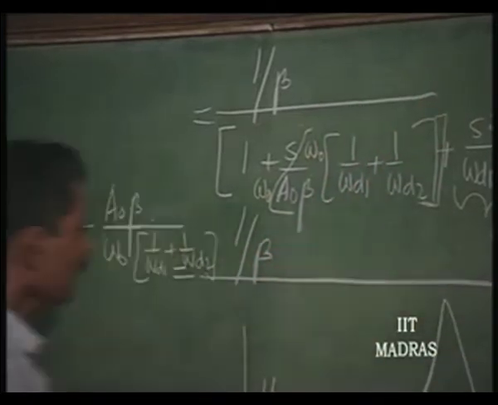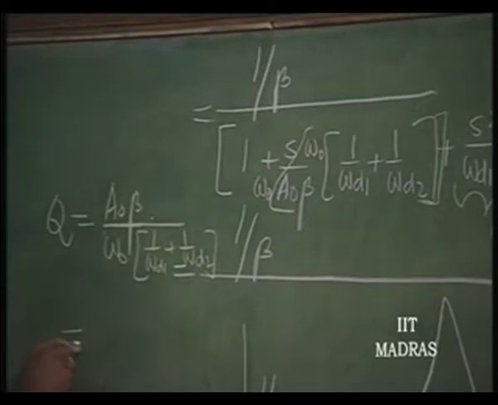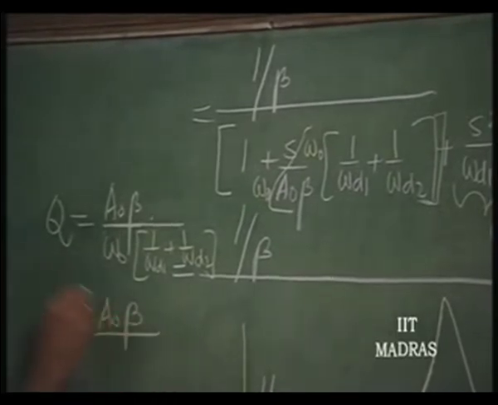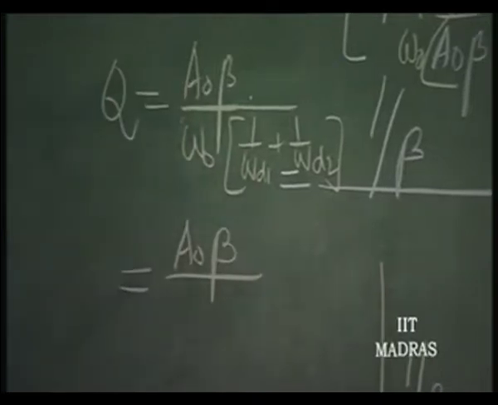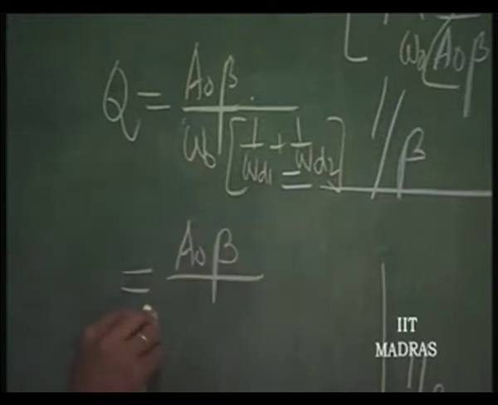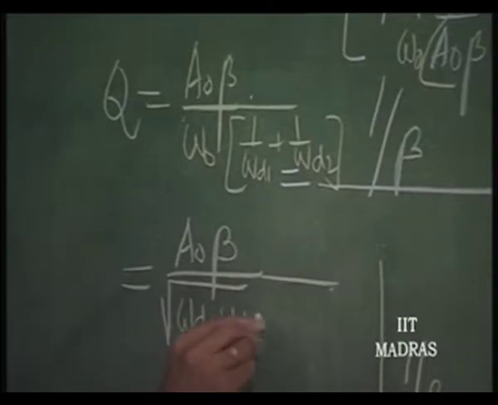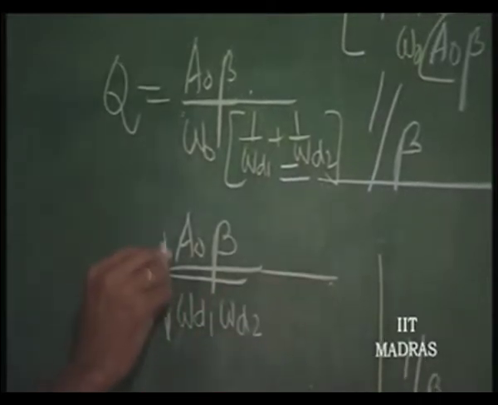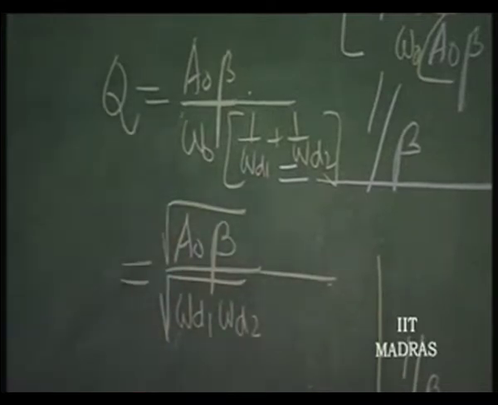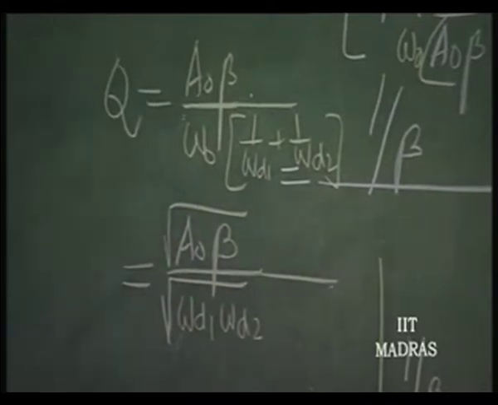So, this is going to be equal to a naught beta. You can see Q is directly dependent upon a naught into beta, the loop gain, and what is omega naught? Square root of omega d1 omega d2 into root of a naught beta, that will bring about root of a naught beta in the numerator.